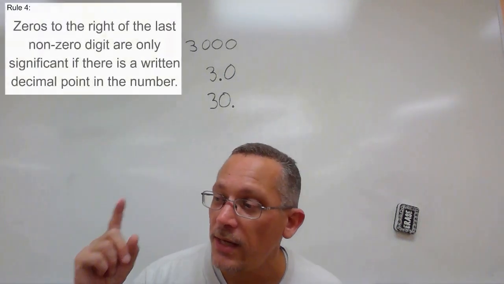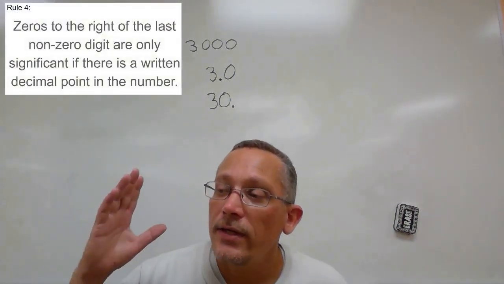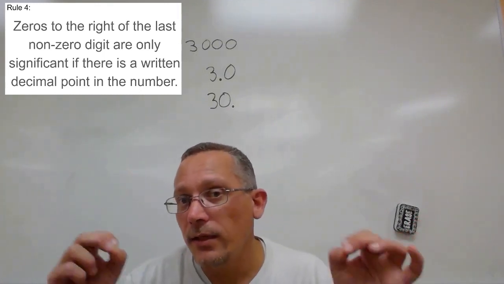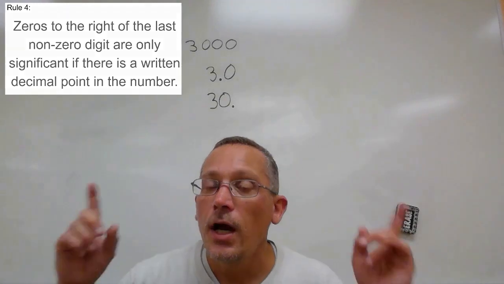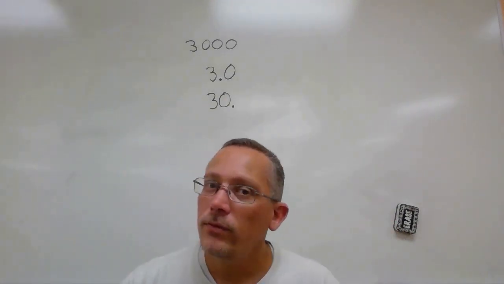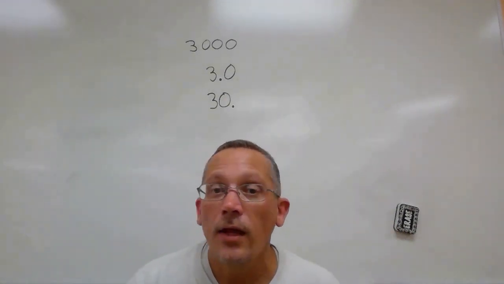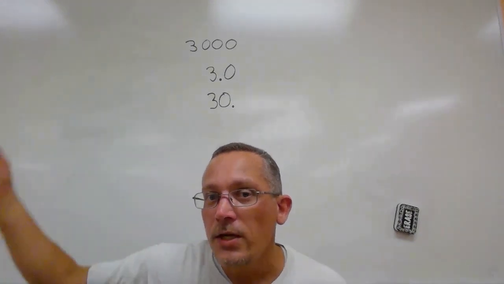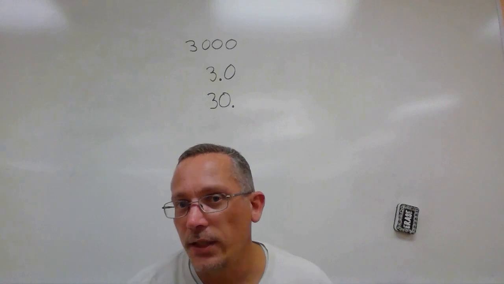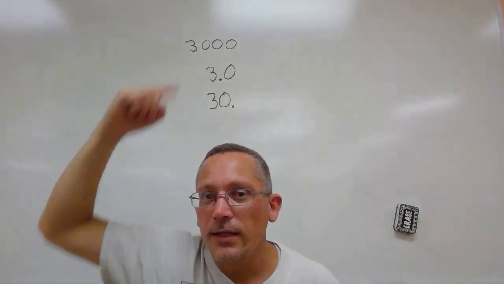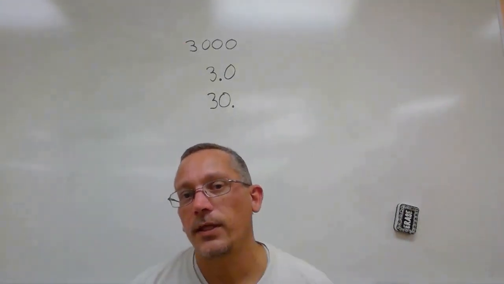Okay, it depends on what else you see there. If there is a decimal point in the number, if you see a decimal point written, then those trailing zeros are significant. If you don't see a decimal point written, they're not significant. Okay, so in this number here, 3,000, those 3 zeros are not significant digits. I would look at that number and I would say that that number has one significant digit.